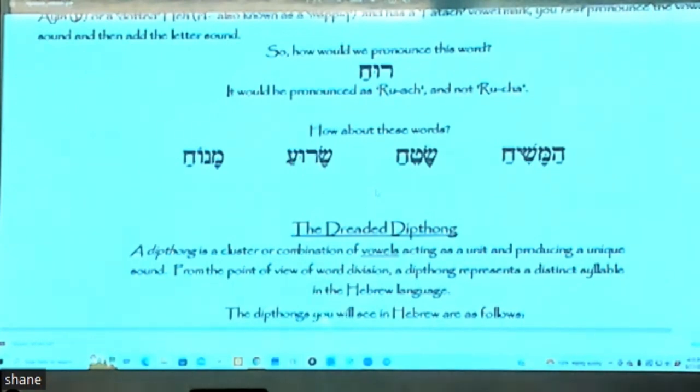If it's at the end of a word, right? And then the last thing that we look at is is it carrying a patach, right? Because you can't have furtive patach without patach. That seems kind of backwards, doesn't it? Yeah.